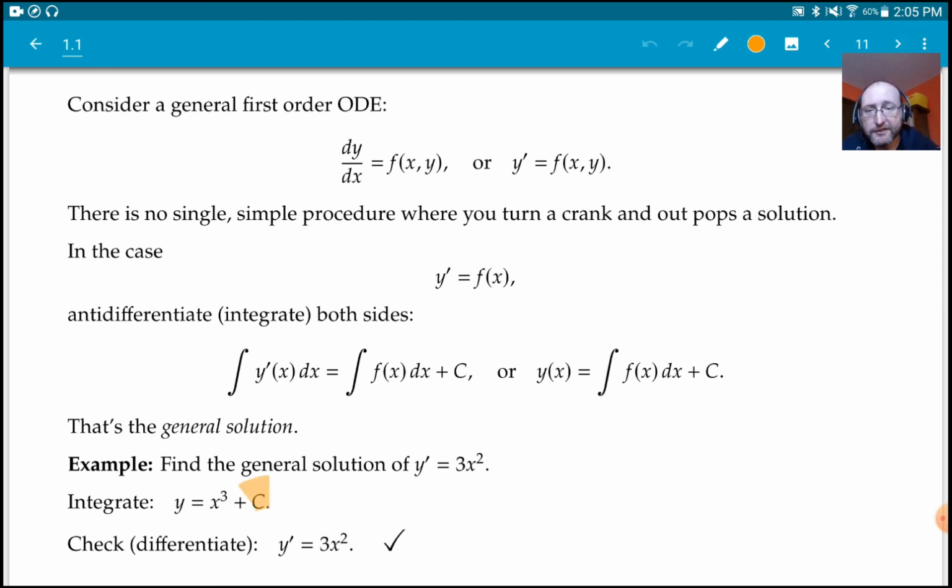The constant vanishes when I differentiate, and x cubed gives 3x squared. So I precisely satisfy the equation, and this is the general solution to this equation. Now if I had an initial condition, I could find whichever particular solution I was looking for.